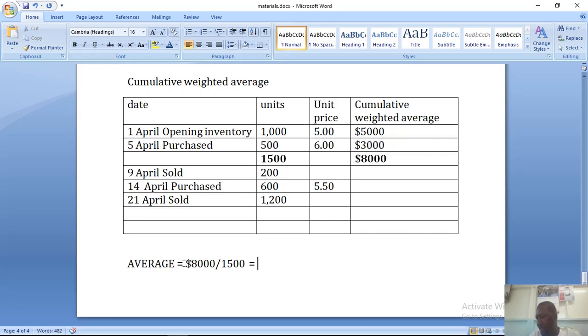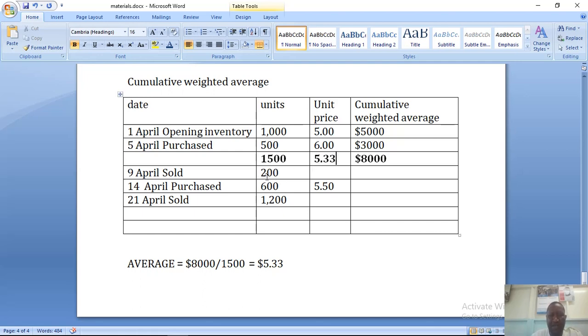This will give us $5.33. That's the average. So the unit price for the 1,500 units that we have there should be $5.33.